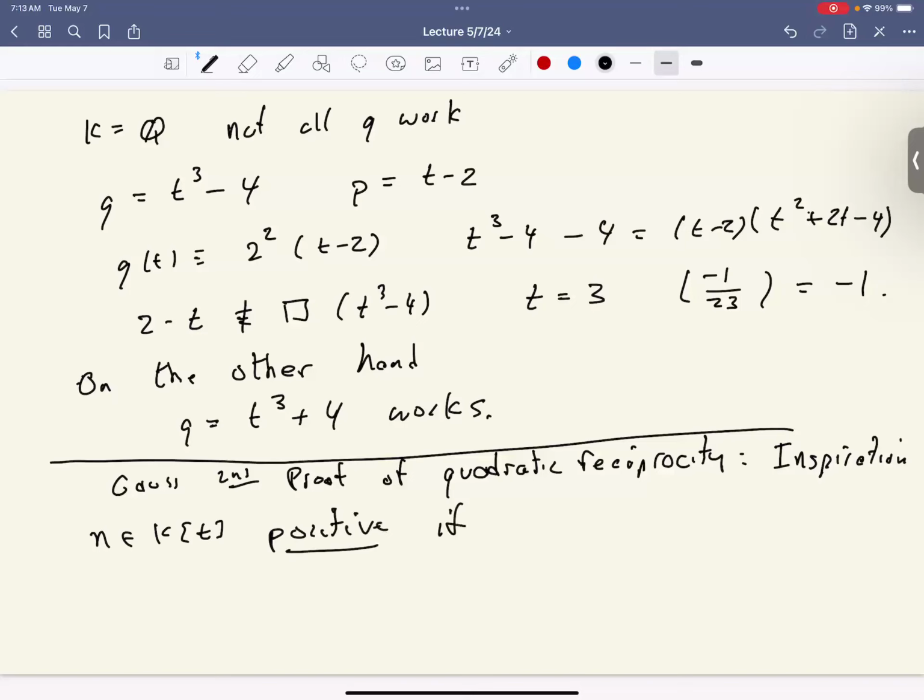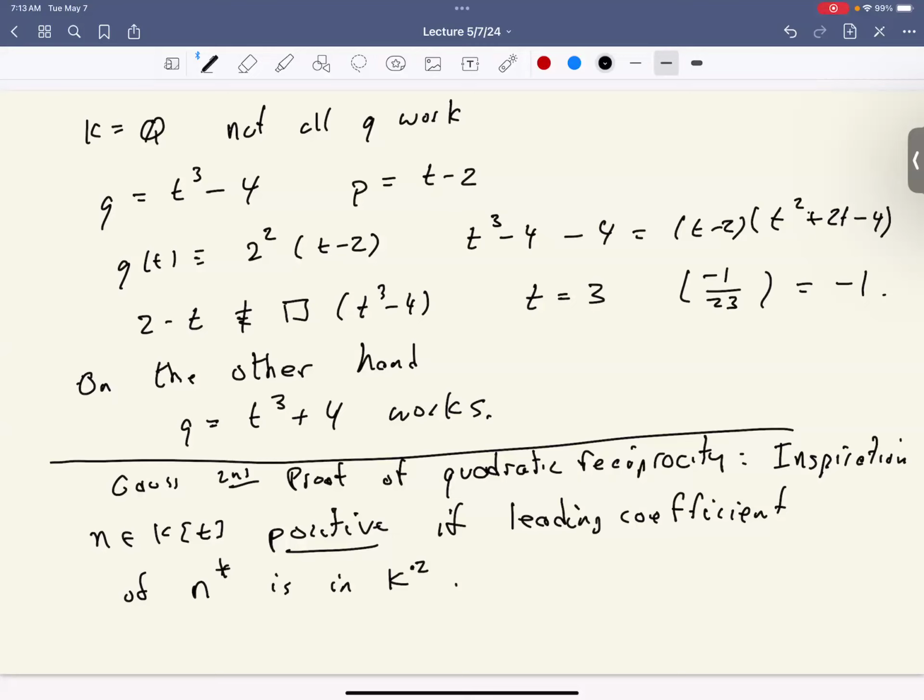Okay, it looks a little bit weird, but it turns out to be the right thing. If the leading coefficient, not of n itself, but of this n star, so if plus or minus n, its leading coefficient is supposed to be a square in the field. So that's what I'll mean by positive.